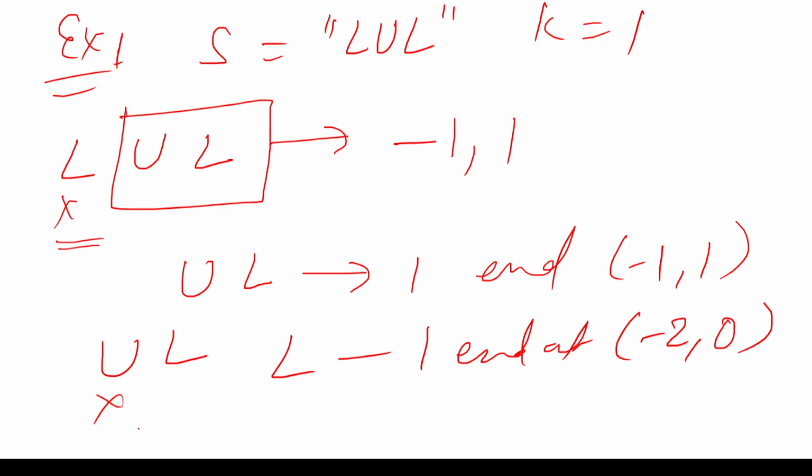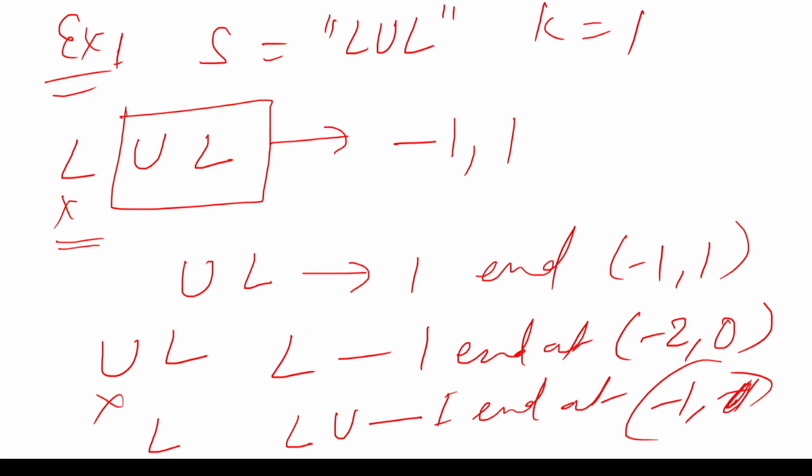Similarly, if we remove the last L, because there is only one left, the path becomes L, U, and it ends at -1 and 1 again.